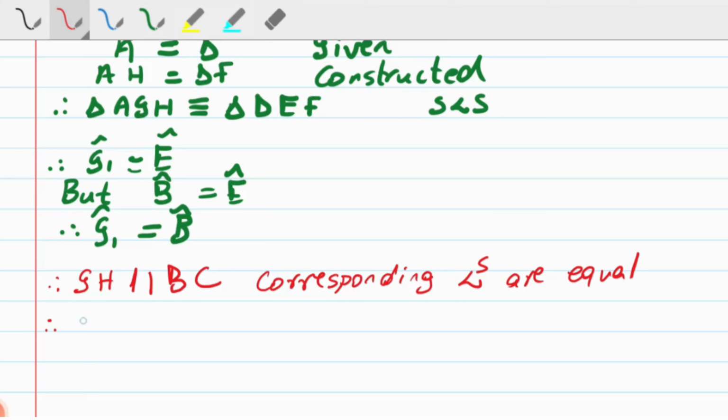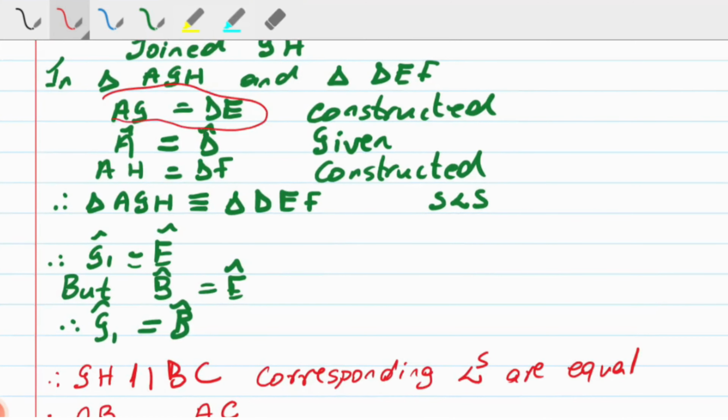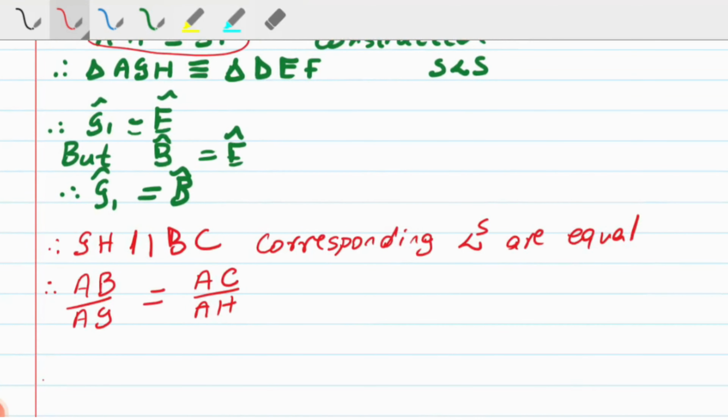And if you remember, we said that AG is equal to DE and AH is equal to DF, so we just replace them. Therefore, AB over DE is equal to AC over DF, because we replace AH with DF.